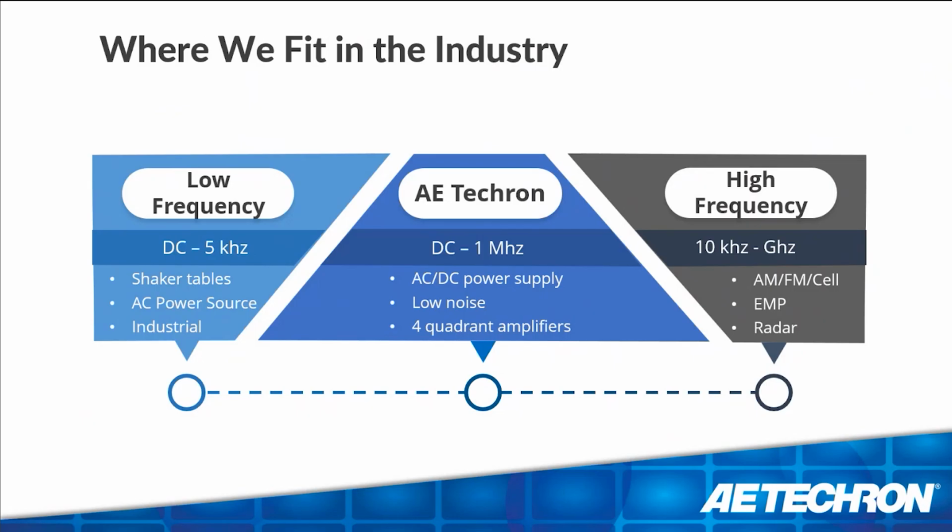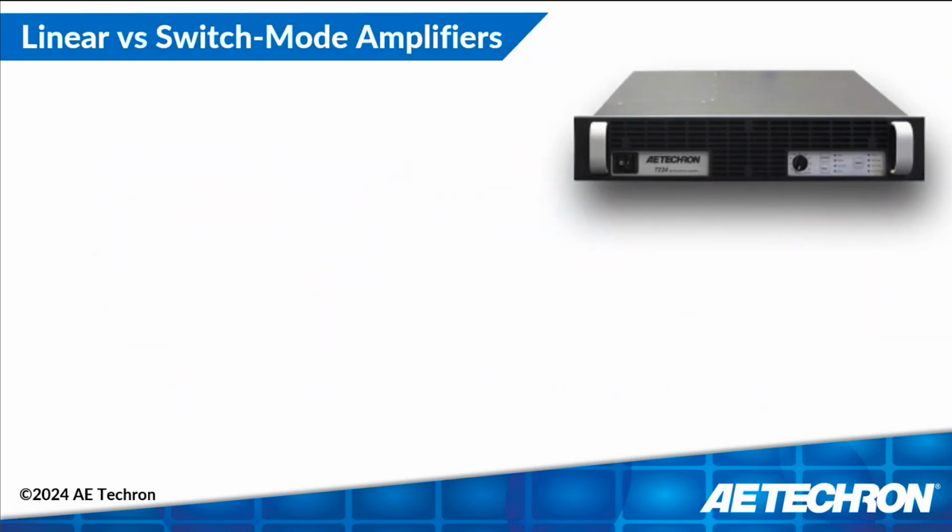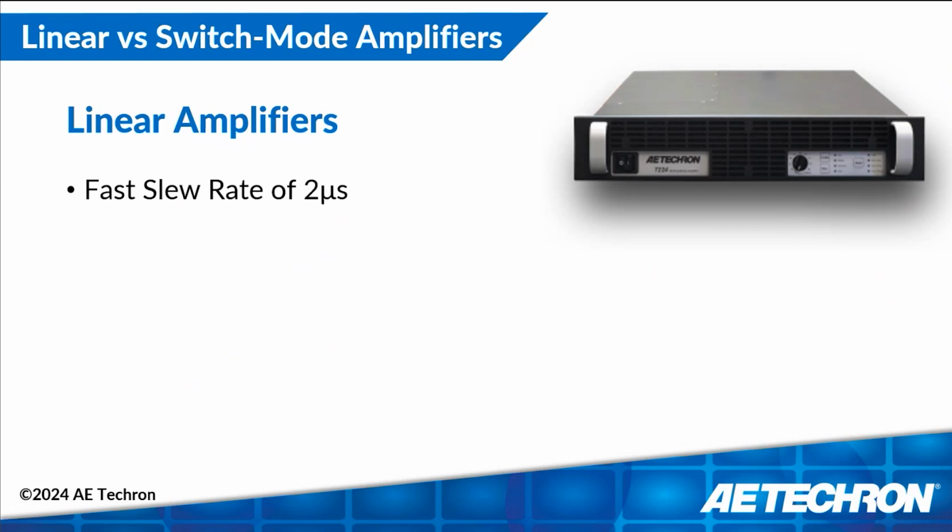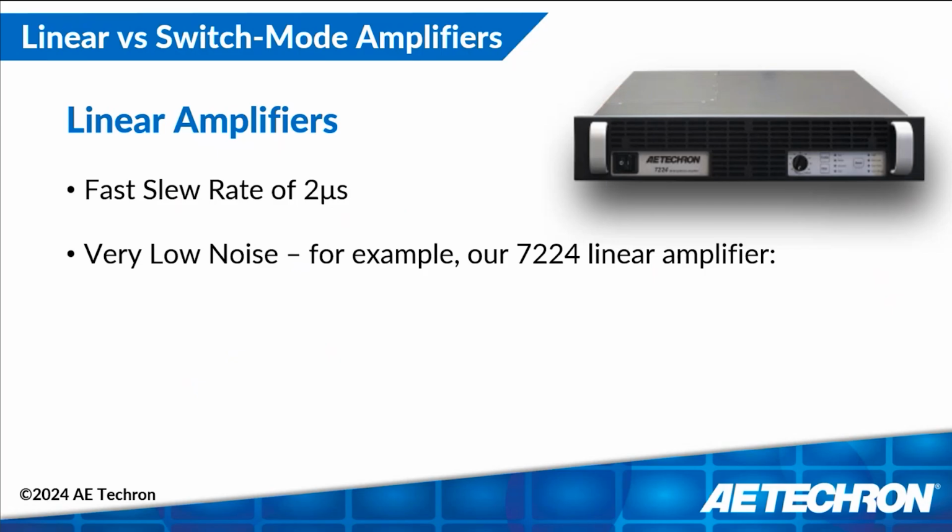As part of that, we have two different product lines, if you will, built on different technologies. Linear amplifiers are one of those technologies. Ours have very fast slew rates. In fact, our 7224 and 7234 have a 2 microsecond slew rate, which is incredibly fast. They're also known for their very low noise.